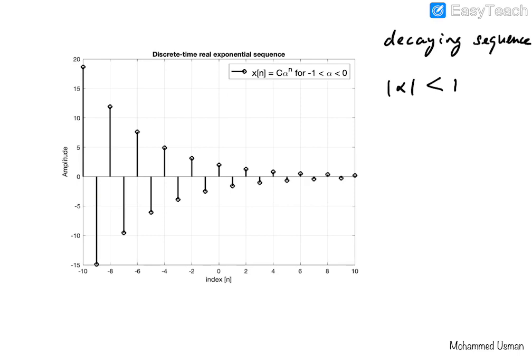Okay, so to summarize, we have seen today some examples of signals that we will be using throughout this course. The first type that we saw was the continuous time sinusoidal signal and the discrete time sinusoidal signal. And then we have seen the real exponential signals, of which we have seen the growing exponential in continuous time and the decaying exponential in continuous time.